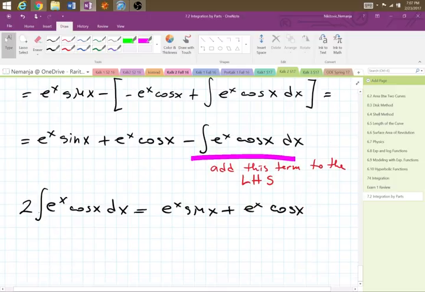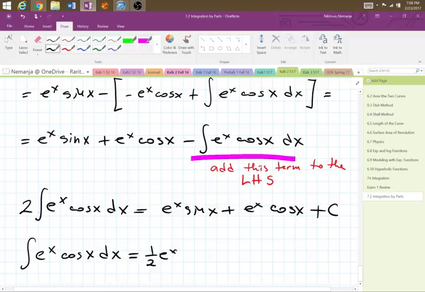Plus c, and then we'll divide everywhere by 2. So the integral of e to the x cosine x dx is equal to 1/2 e to the x sine x plus 1/2 e to the x cosine x plus c. You don't have to put c over 2 because it absorbs.